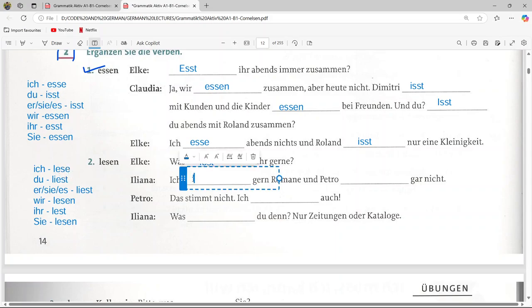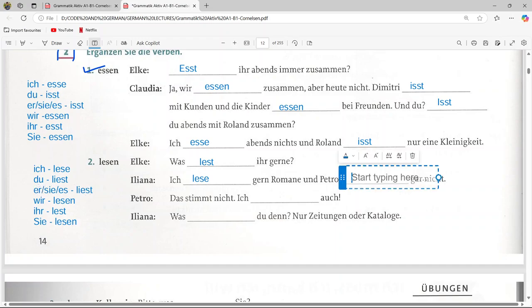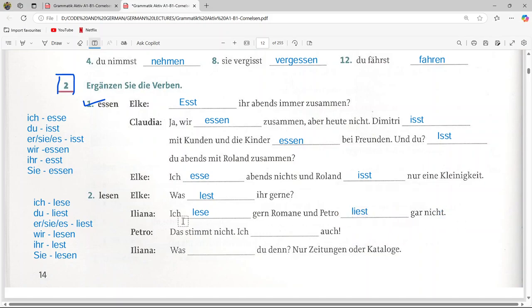Now Eliana is saying it with ich, so for ich lesen becomes lese: Ich lese gern Romane. Und Petro, so Petro is a male person, he can be replaced with er, so: Petro liest nicht gern. So I like to read novels and Petro does not like to read.